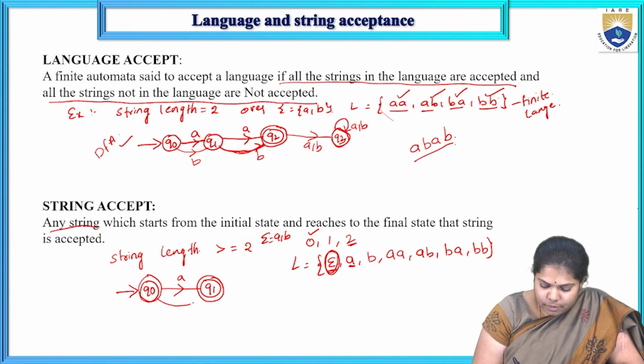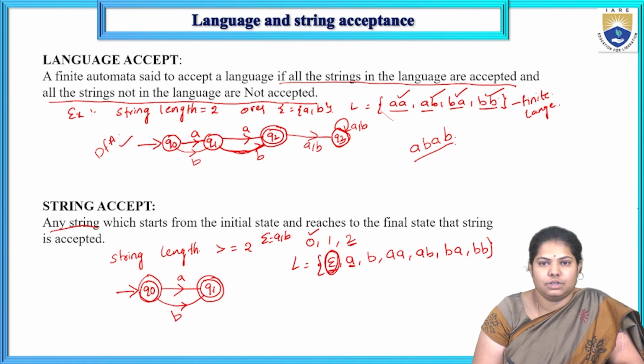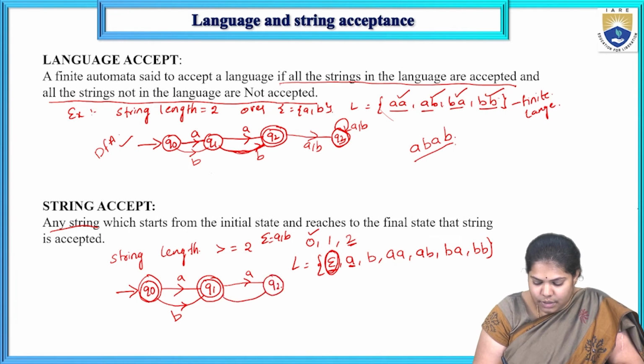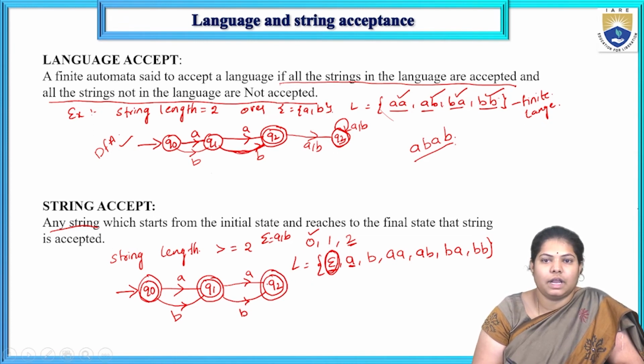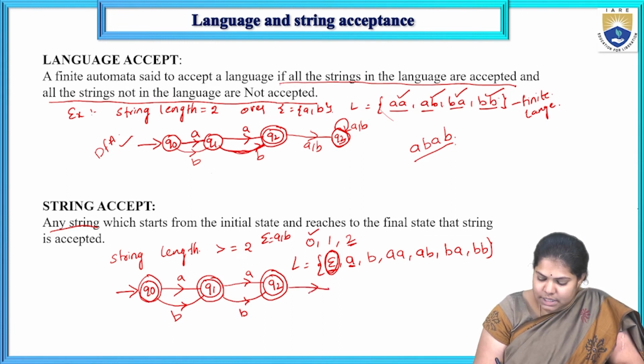B is also a 1-length string, so I send it to Q1. Next, in order to accept the 2-length string, it reaches another state called Q2, and I make it also a final state. After the 2-length string, none of the strings should get executed, so I simply send all A's and B's to a dead state.